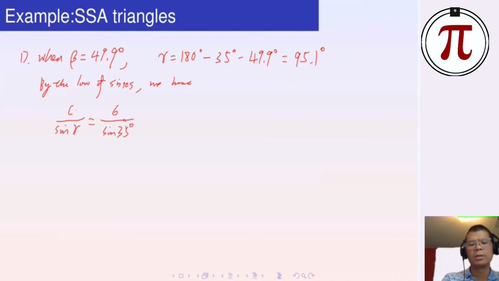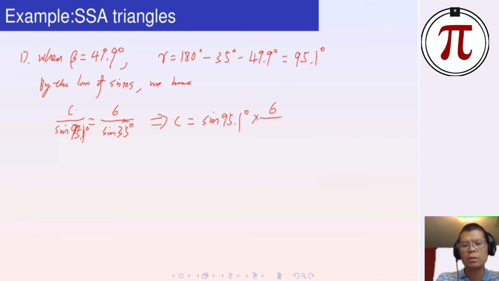The gamma is 95.1 degrees, right? So C over sine 95.1 degrees equals 6 over sine 35 degrees. You don't have to write the other one, because you're only trying to find C. So C equals sine 95.1 degrees times 6 over sine 35 degrees.